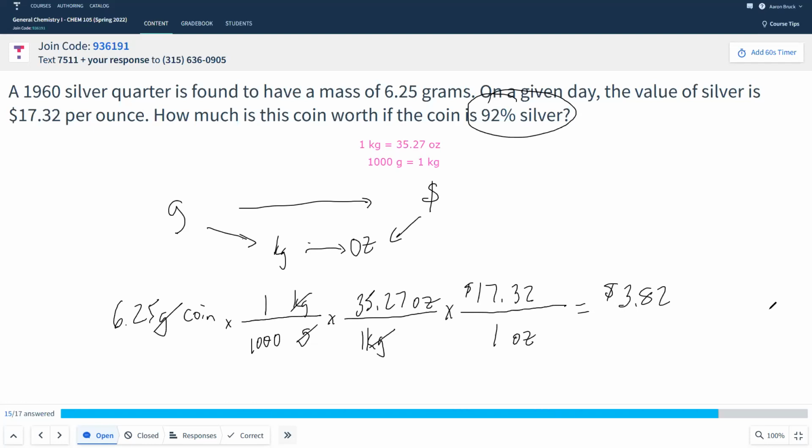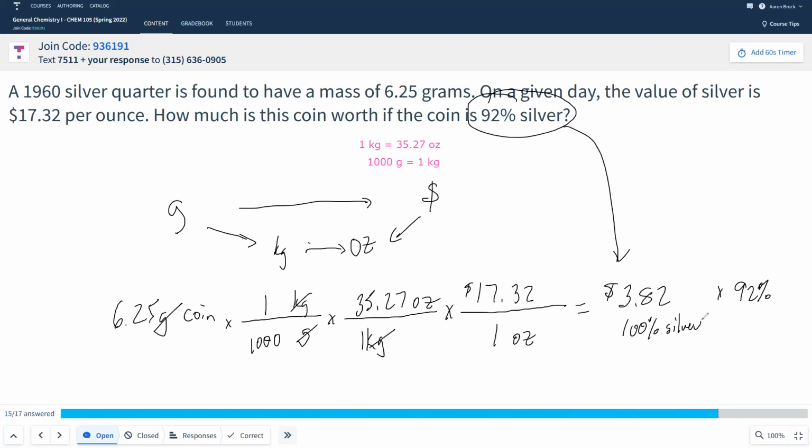Now here's the thing. We haven't accounted for this 92% piece yet. That assumes that this was 100% silver. It's not. It's only 92% silver. So what I need to do is multiply it by 92%, which would be 92 over 100.